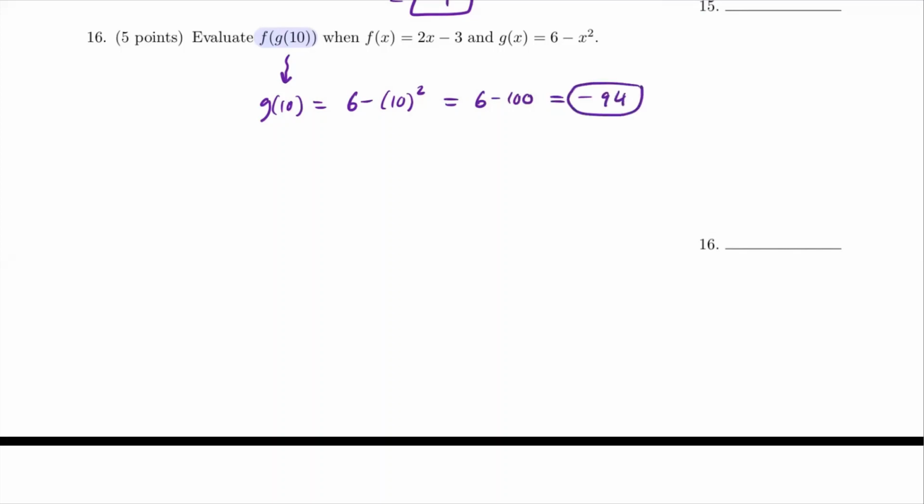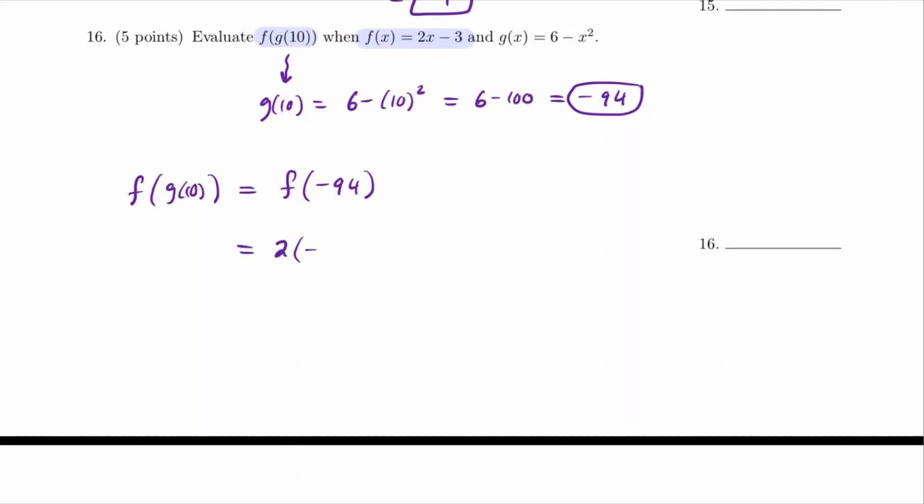And now this goes inside of f. So we're looking for f of g of 10. So I just computed g of 10, that's -94. So you'll do f of -94. Now this number, -94, will simply go into f. So let's go ahead and do that. So I will have the following now. You will replace -94 where we have x in the f function now.